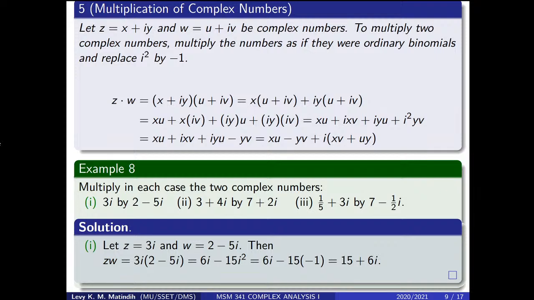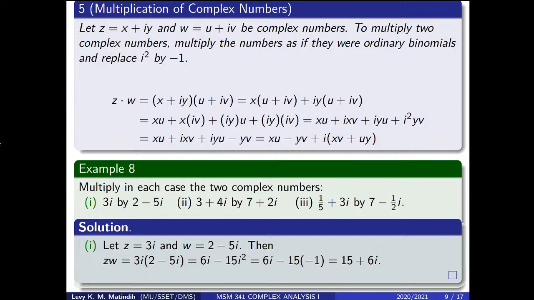Expanding, this is the same as x multiplied by u plus iv, plus iy multiplied by u plus iv. When we expand this part, we get xu plus x times iv, plus yi times u plus yi times iv.